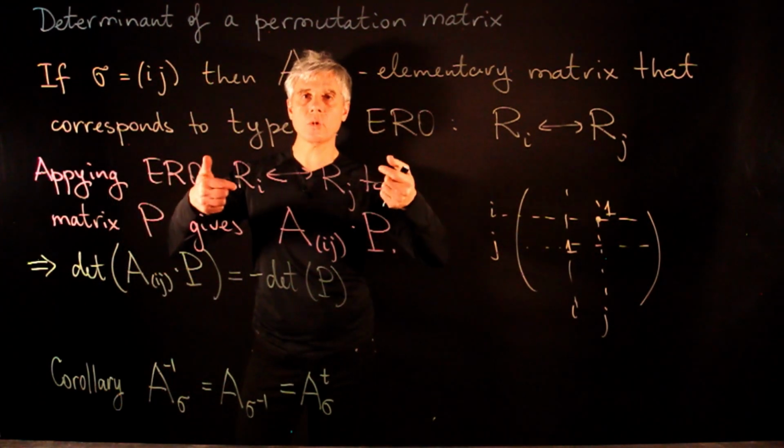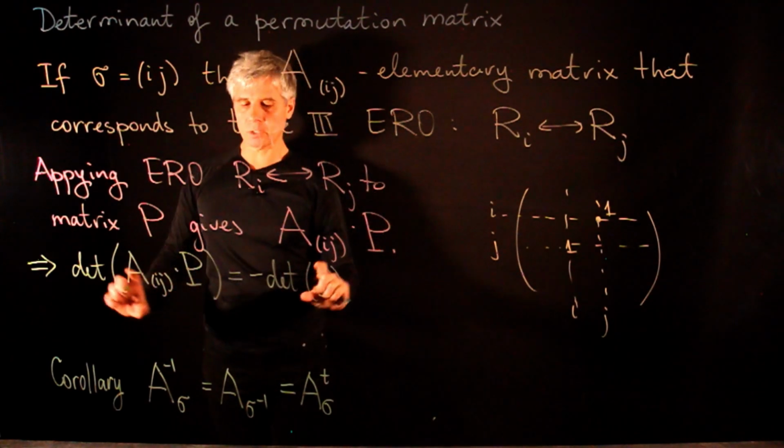So if we switch two rows in a matrix, then the determinant switches sign.